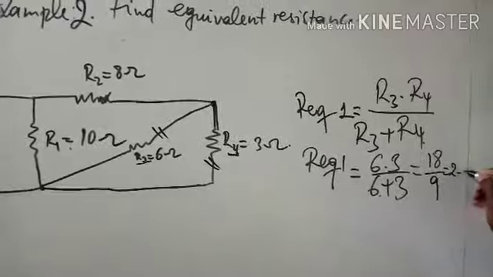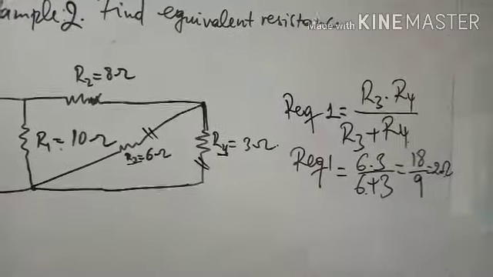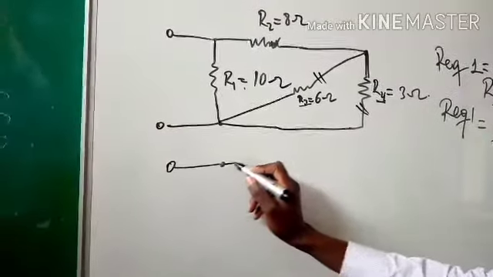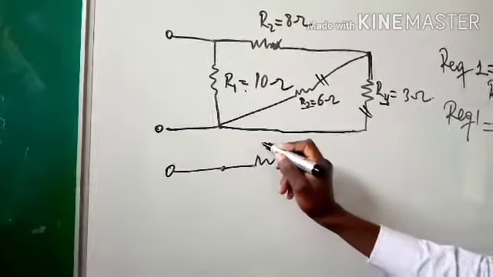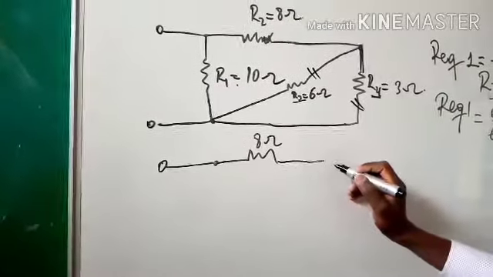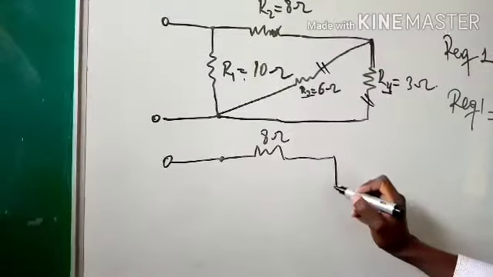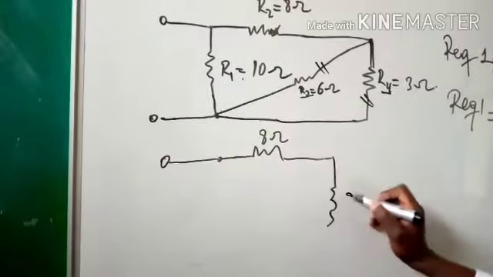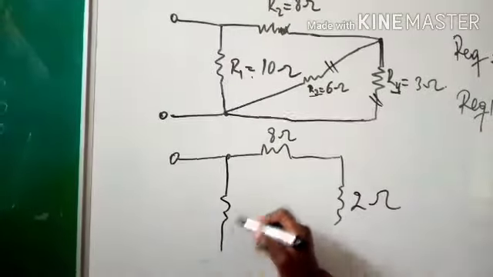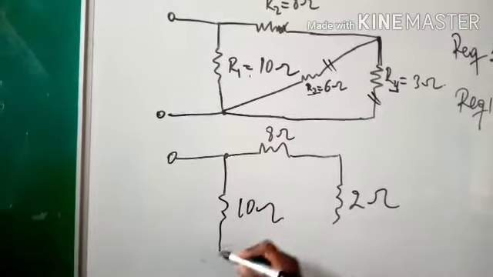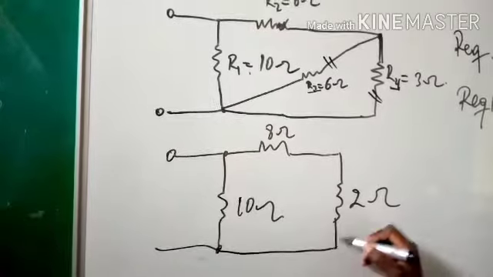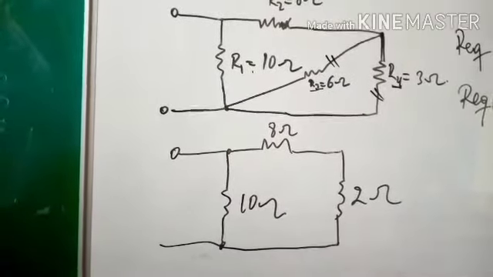Then let's see the circuit. We will remain with, here it is 8 ohm. Then here we remain with the 2 ohm. And then here there is resistance 1 also equal to 1. So we remain with this.